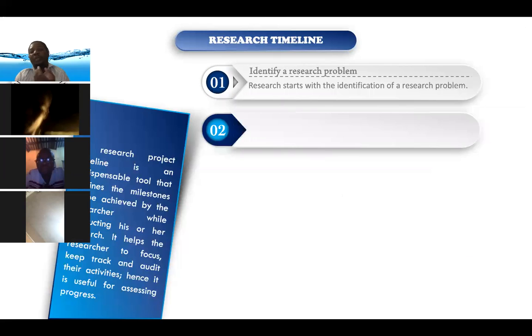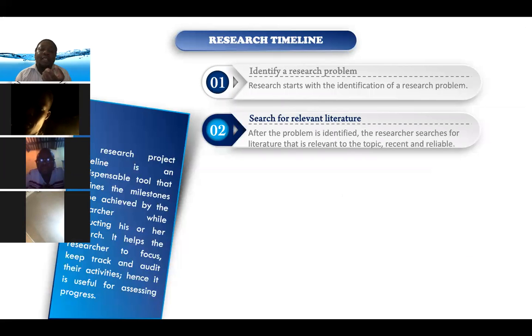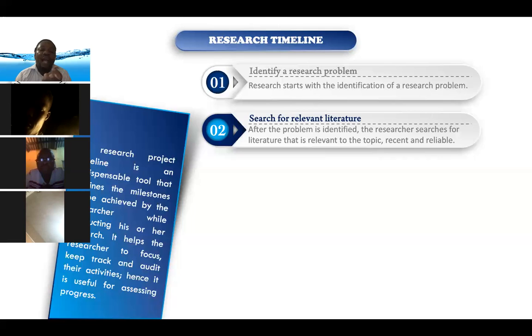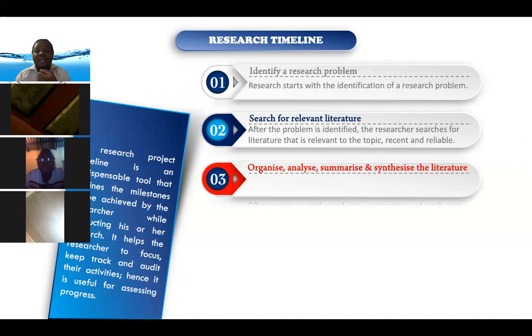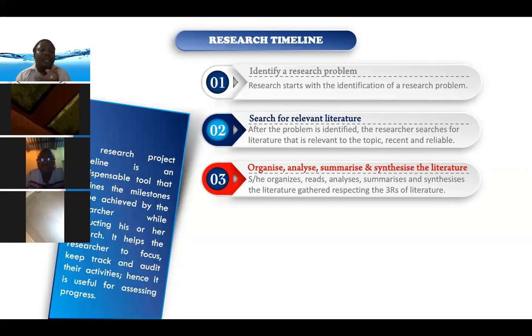And how long did it take you to search for relevant literature after the problem was identified, right? So as you know, after you identify a problem, you search for relevant literature. After the problem is identified, the researcher searches for literature that is relevant to the topic, literature that is recent, and literature that is reliable. Then after that, we also know that the researcher organizes, analyzes, summarizes, and synthesizes the literature. So how long did that take you to do?